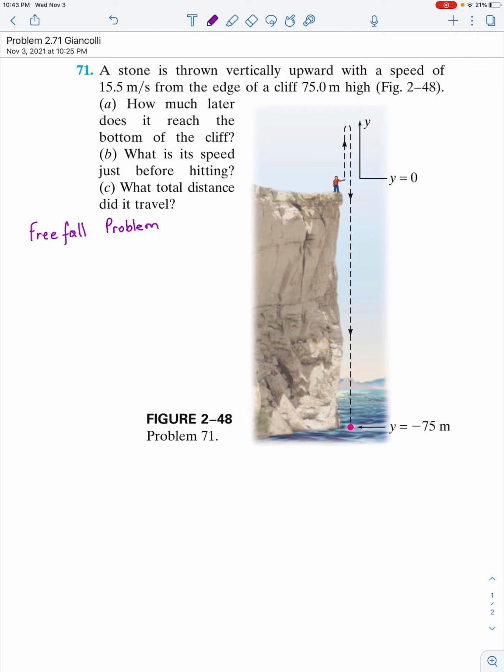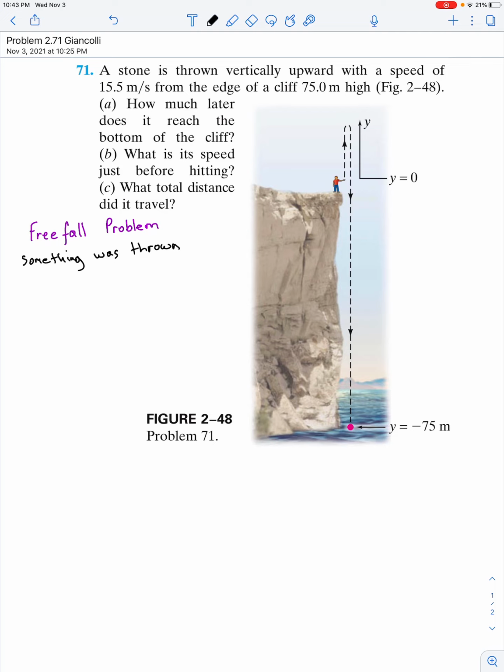And you're like, hey, Black Guy Does Physics, how do I know it's a freefall problem? Well, you know it's a freefall problem because something was thrown. Now, if something is thrown, dropped, kicked, flung, hurled, any one of those things, it's in free fall.